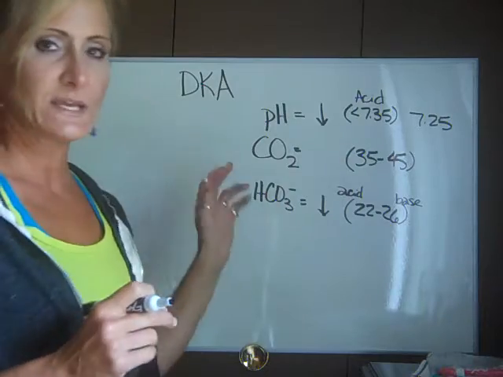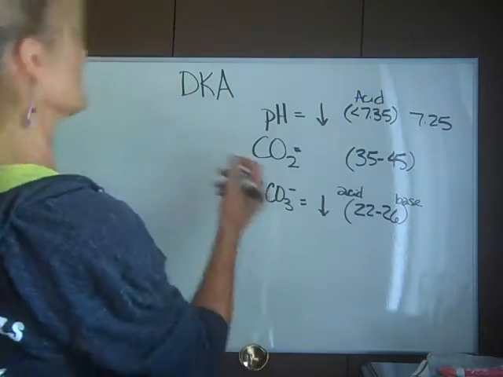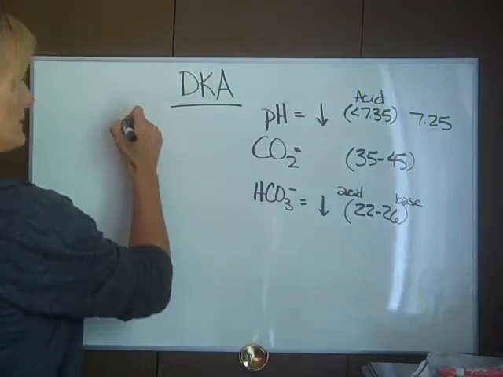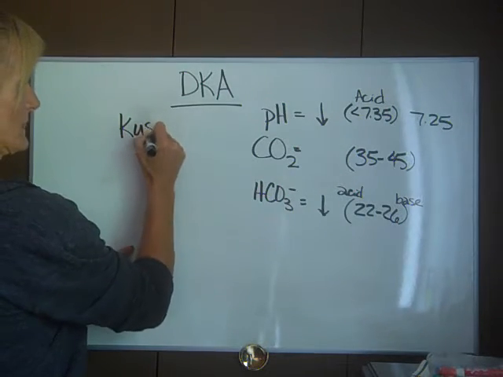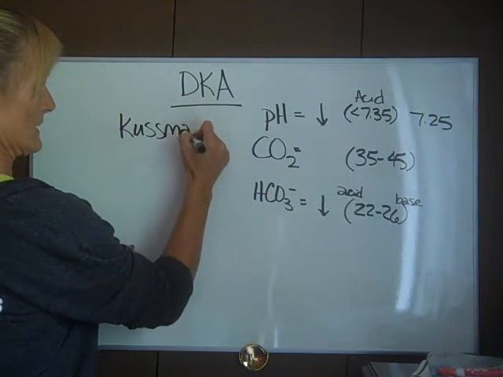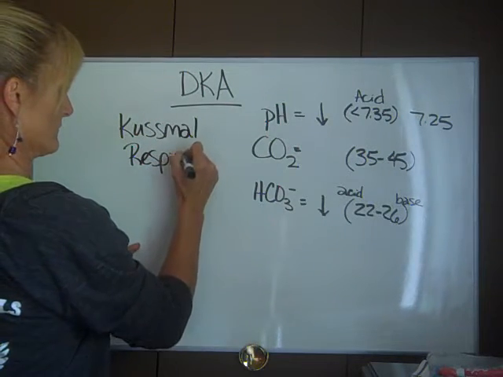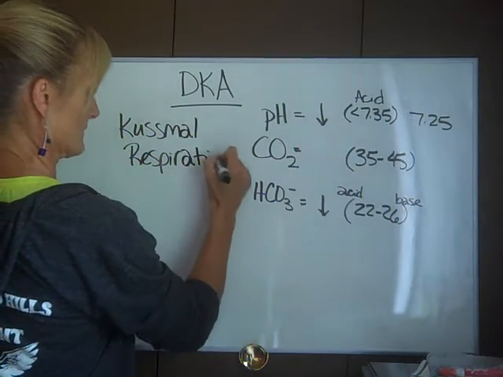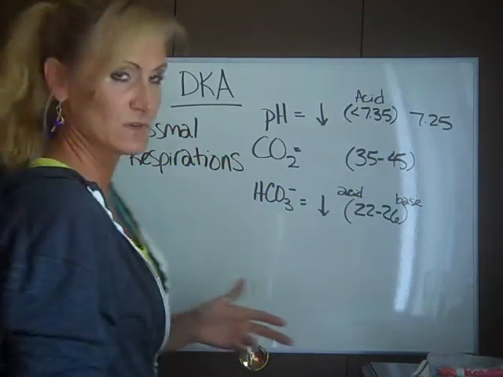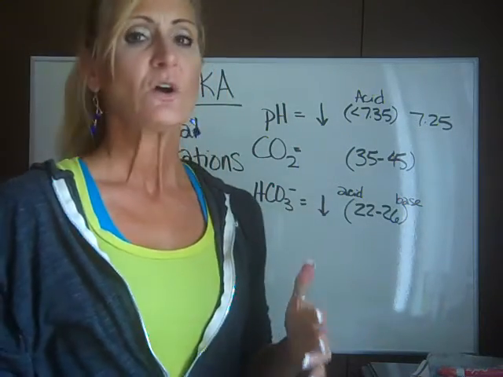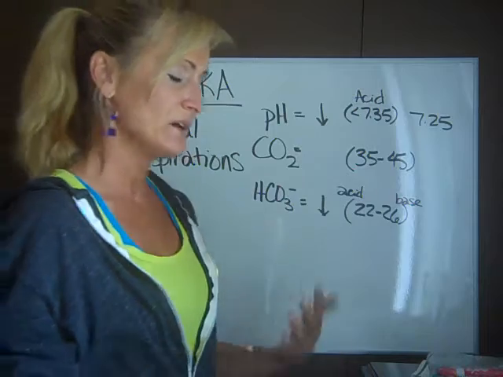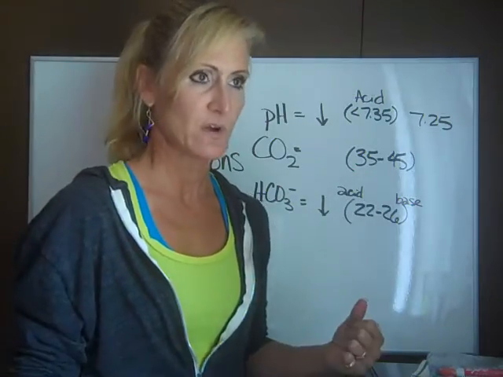Your patients who are in DKA also have something that's called Kussmaul respirations. You might have learned about that in pathophysiology. Kussmaul respirations are very deep and very rapid. They'll go like that.